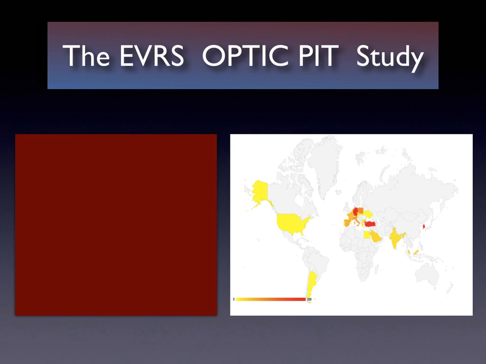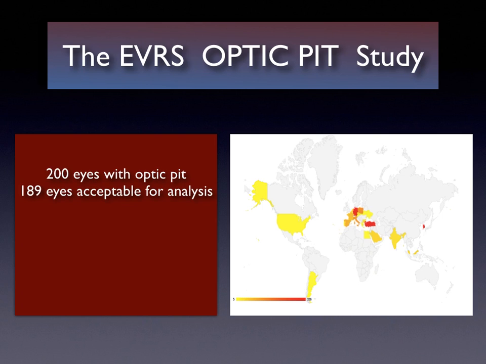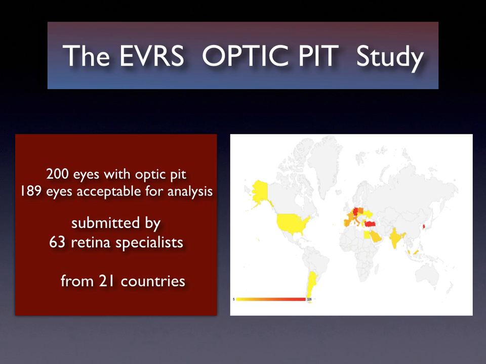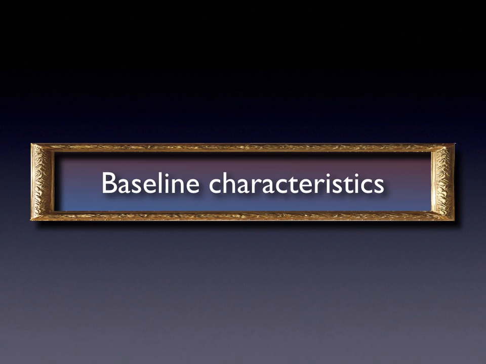The European Vitreoretinal Society, EVRS, conducted a review in 2014, collecting data on optic pit from 200 eyes, and among them 189 were accepted for analysis, submitted by 63 retina specialists around the world from 21 countries.